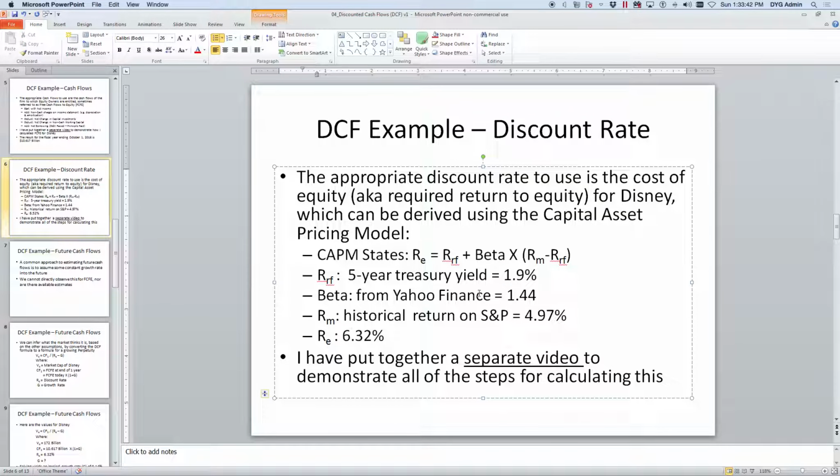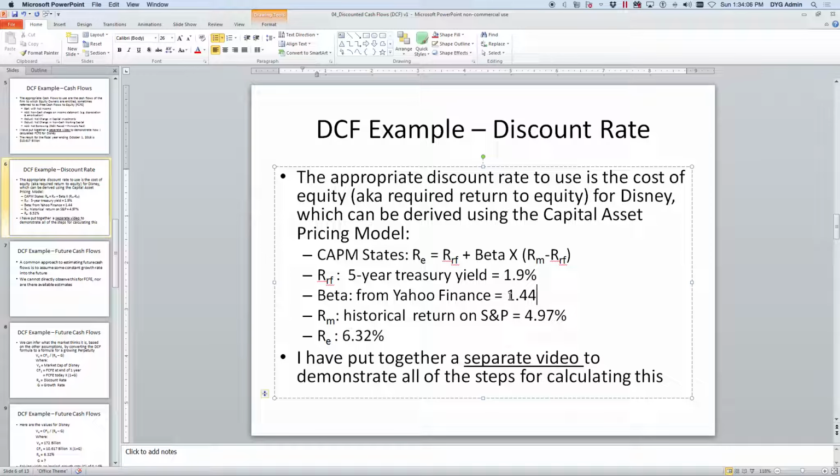Same thing, you need a beta for the company. Now, we'll talk at some other point about how you go about calculating a beta, though I don't think in this class that I'll ever have you actually calculate them, because, quite frankly, the number you come up with will be different from the number that you might see in other places for a whole bunch of reasons.